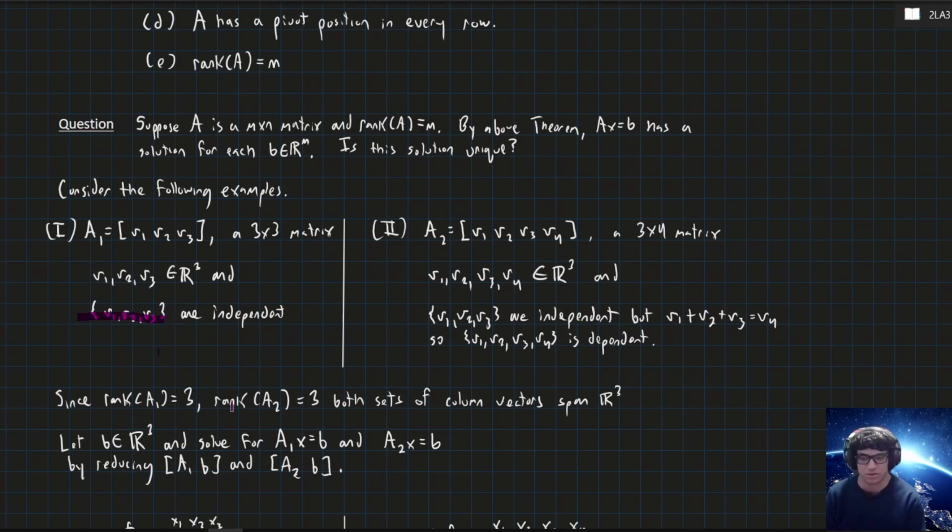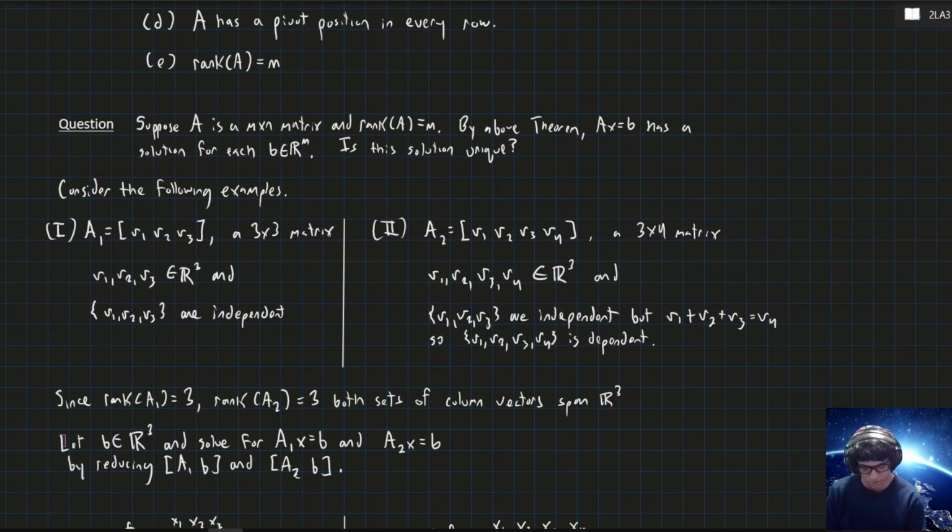The rank of A2 is 3 because the largest subset of independent vectors in the set is 3. So by the previous theorem, both sets of column vectors span R3, so they have the same span.